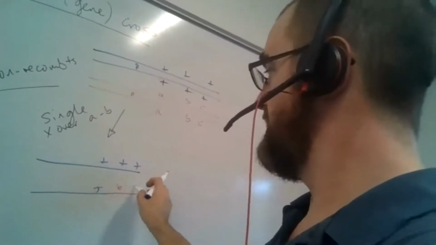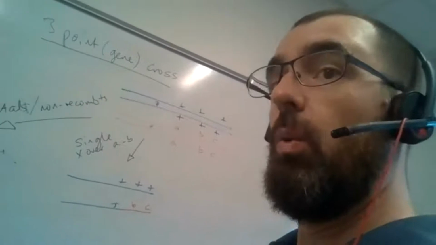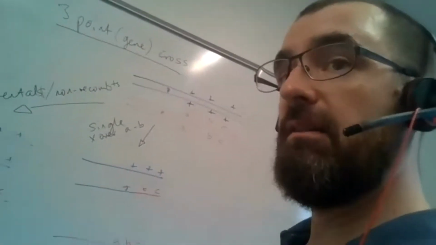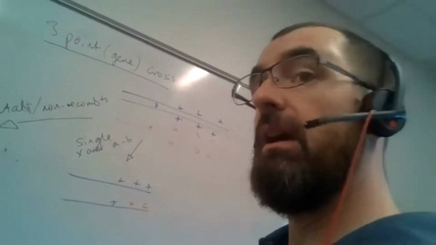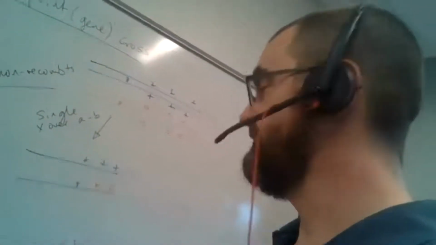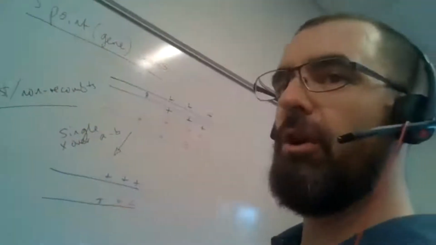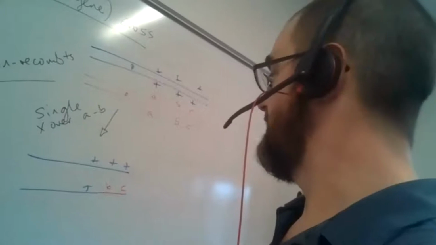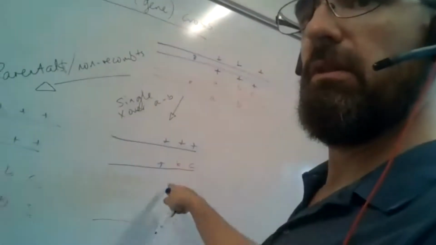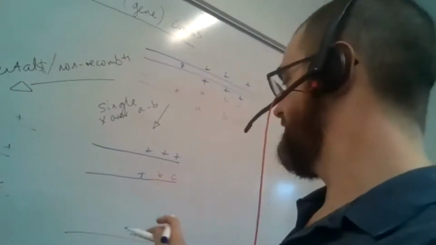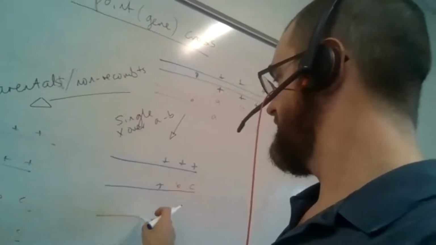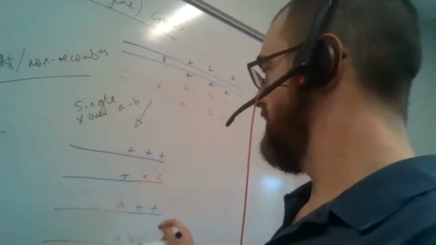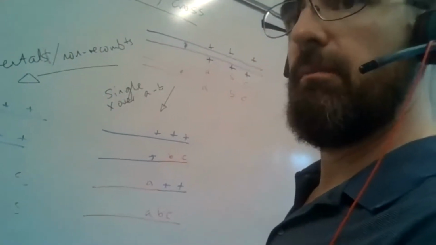And this is important because you need to figure out what are the double crossovers and what are the single crossovers and what the gene order is. Okay, and I'll go through my patented 3 or 4 or 5 step plan in a little bit. So if you have this one, you've got to have the opposite, the reciprocal. So it's going to include A, and then you'll get that.